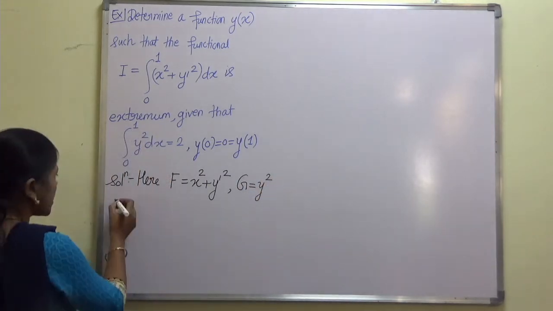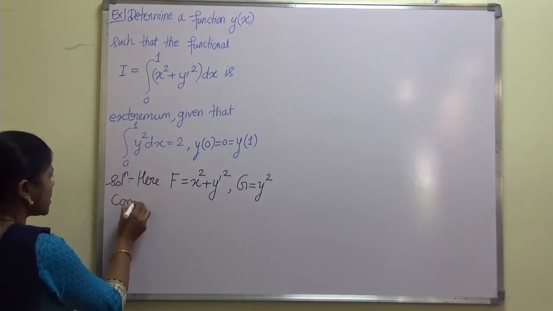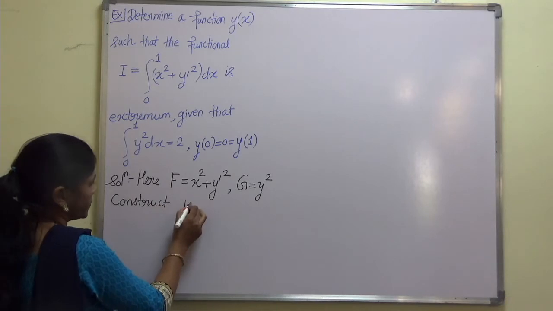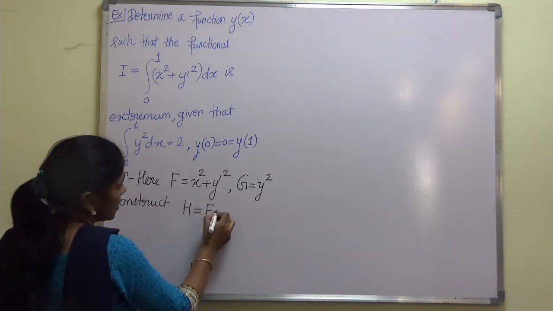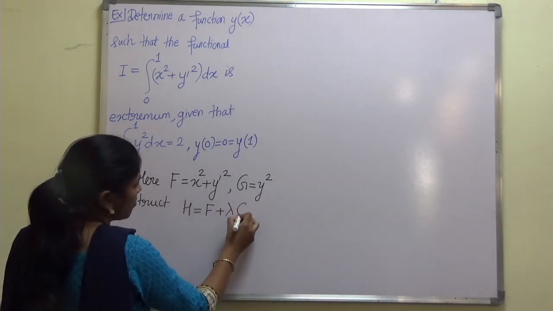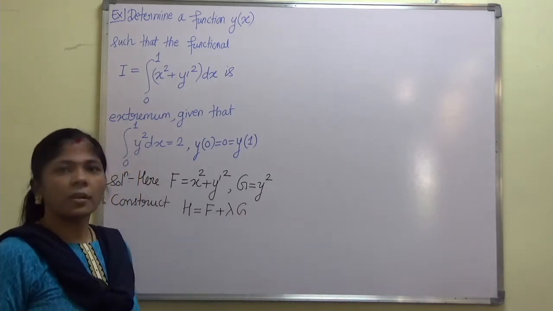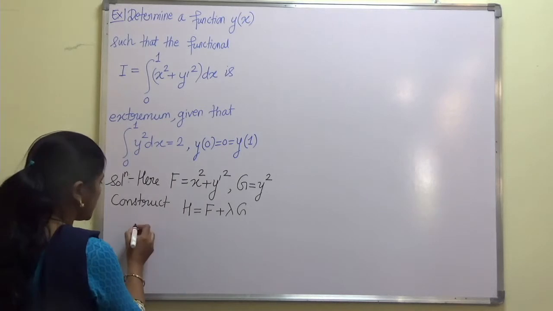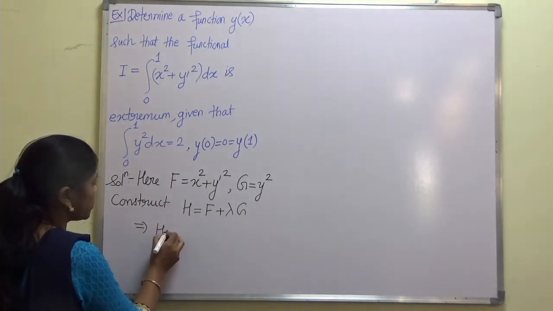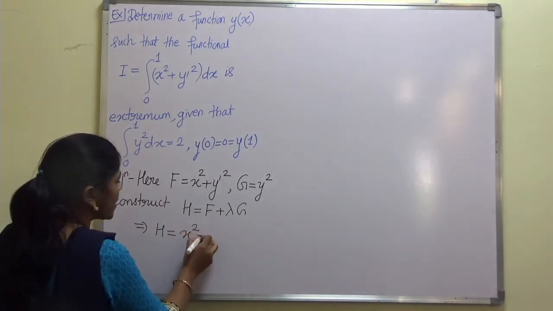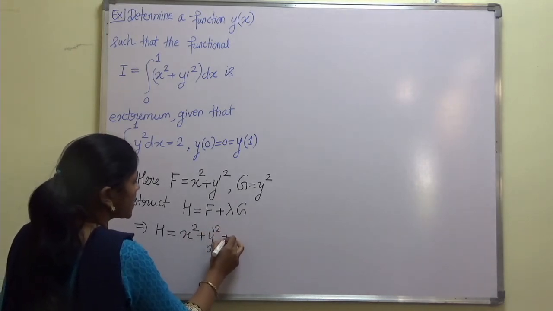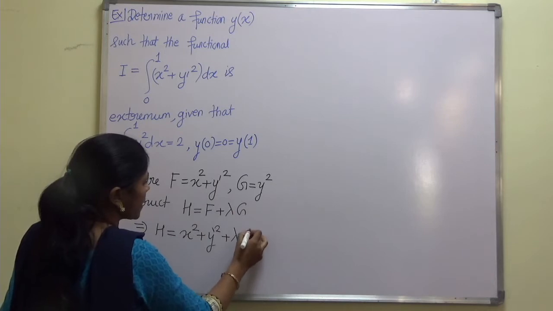Okay, so we construct a new function. Construct H is equal to F plus lambda G, where this lambda is called the Lagrange's multiplier. This implies H is equal to x square plus y dash square plus lambda times y square.